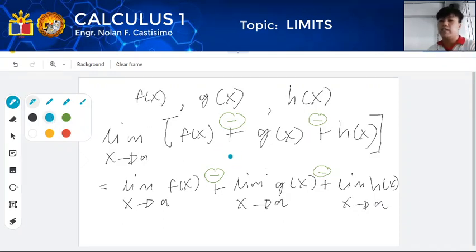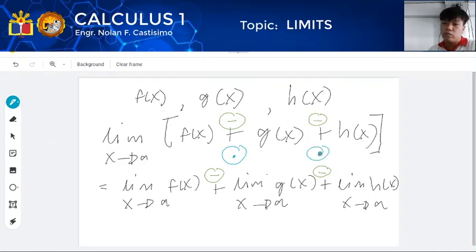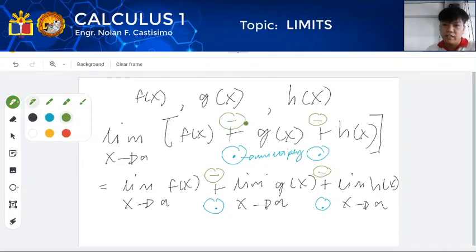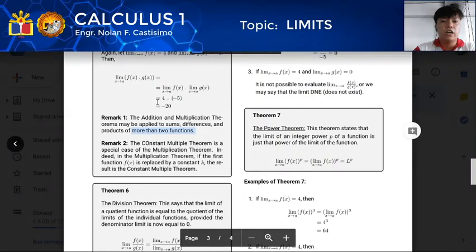So, ano ba yung multiplication natin? Diba? Tuldok lang. So, tuldok. Ito, multiplication yan. Yung green, subtraction. And yung black, of course, yung addition. So, yan lang yung ibig sabihin ni remark 1.